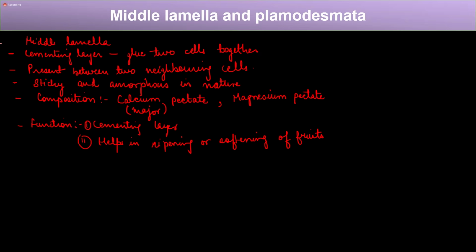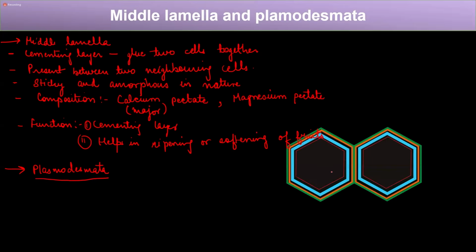Now we have seen middle lamella. The second thing is plasmodesmata. So what do we understand by plasmodesmata? If you see this figure, these are the two cells, right?